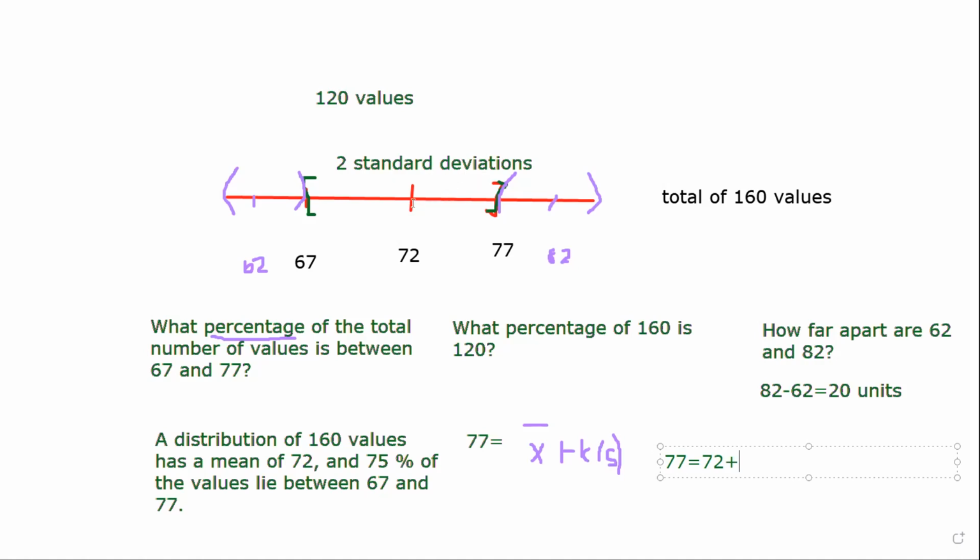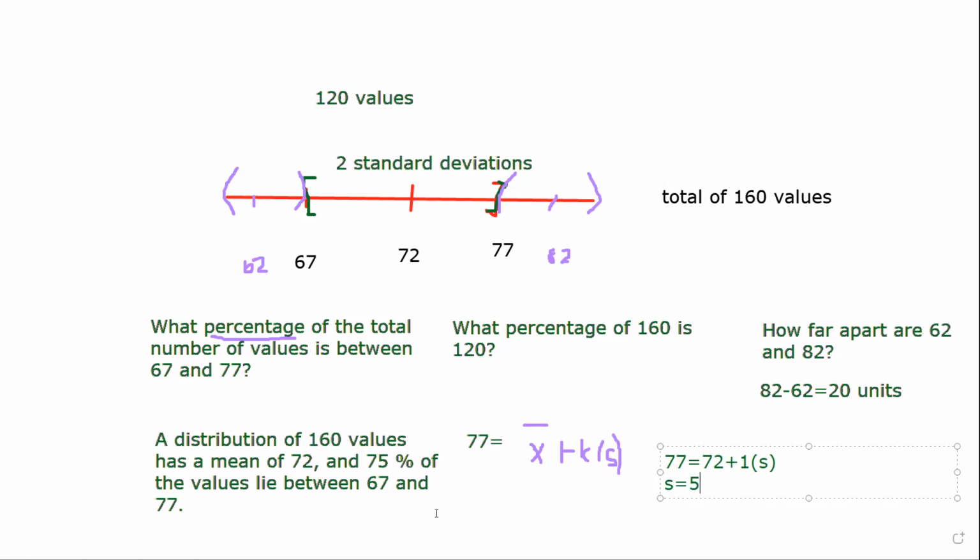So we have one on each side, isn't it? So we're gonna have 1 times S, because I'm going from the middle. 77 minus 72 is equal to 1 standard deviation on this side times S. Okay, so what is my S? Well, that means S is 5 units.